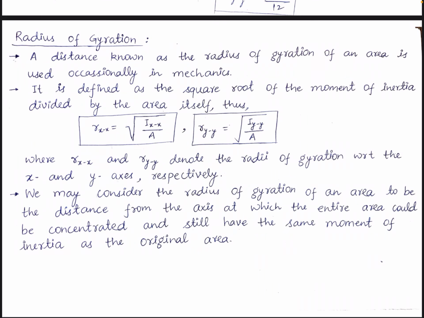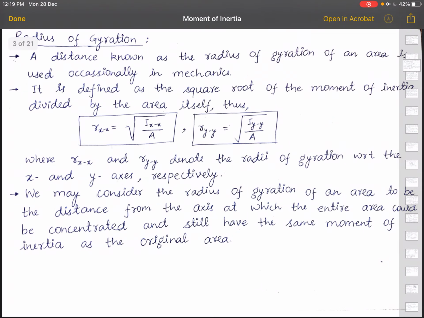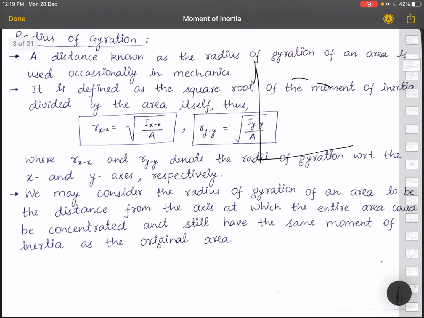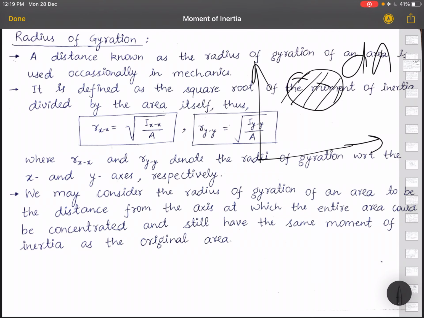So if we want to accumulate all the area, so if this is an area, this is our axis, this is area dA. If we want to make it a point, let us just show you.